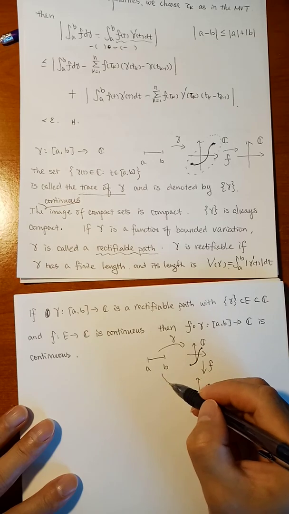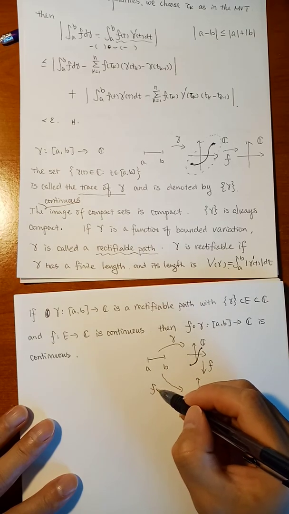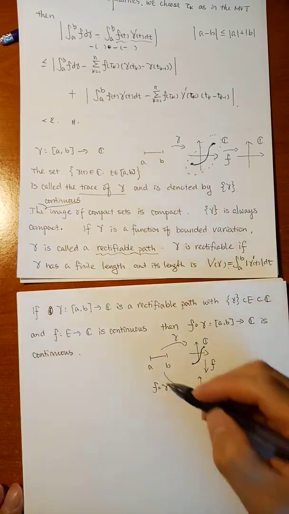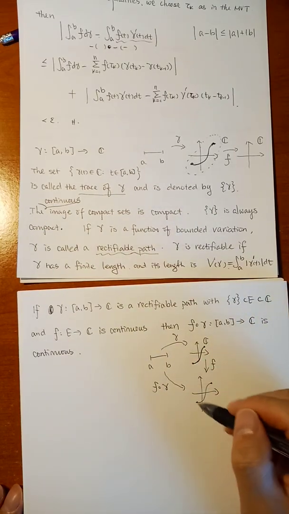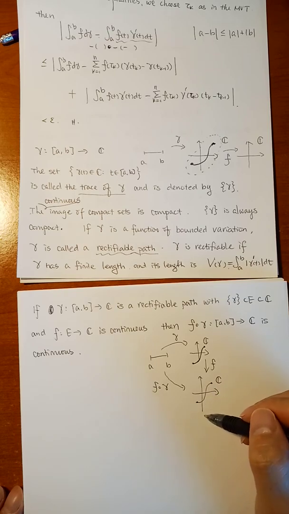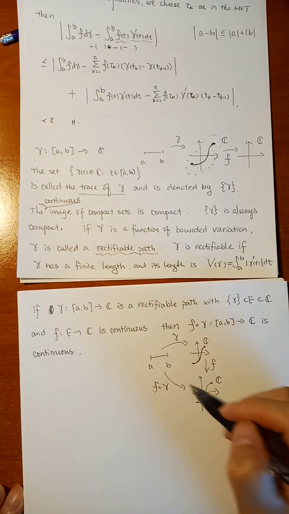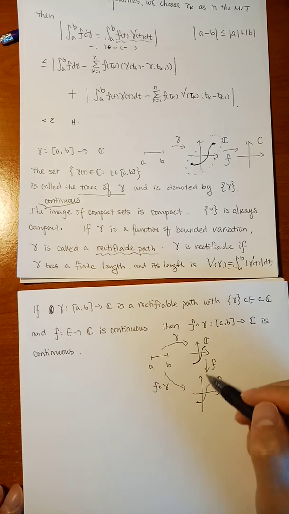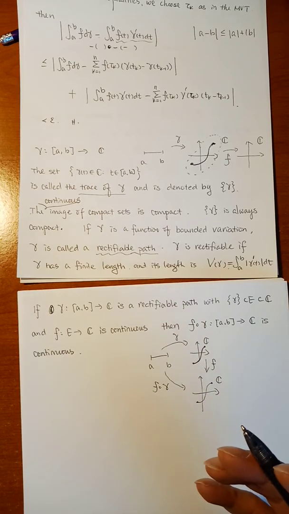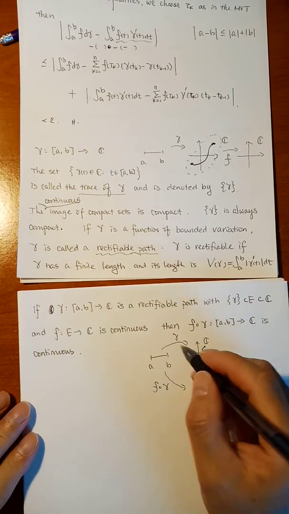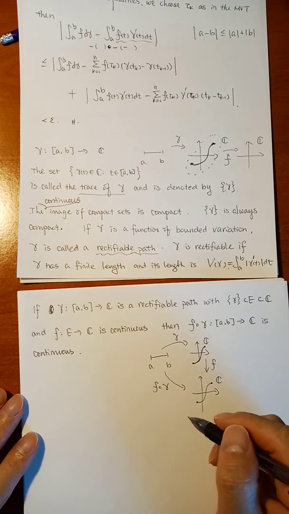Technically, f circle gamma has a different image set. It's in a different complex plane. Gamma is in this complex plane, f composed with gamma is in another complex plane. But because they are both complex planes, we can understand them as in the same complex plane.